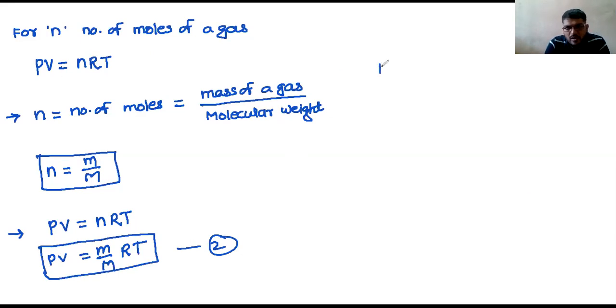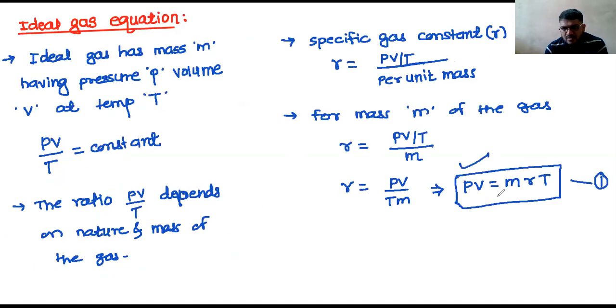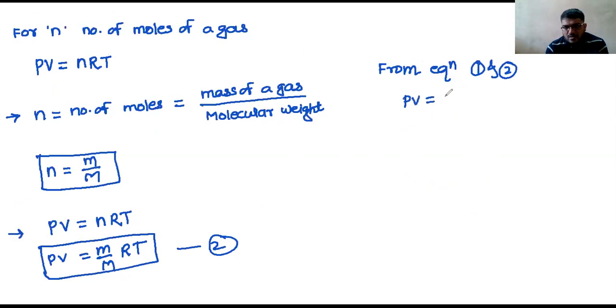So from equation 1 and 2, can I write like this? You can see here PV is equal to mRT, with small r, and this is PV is equal to m into capital R into T divided by M. This is your equation number 1, and this is your equation number 2.